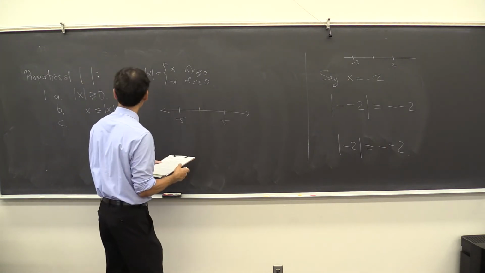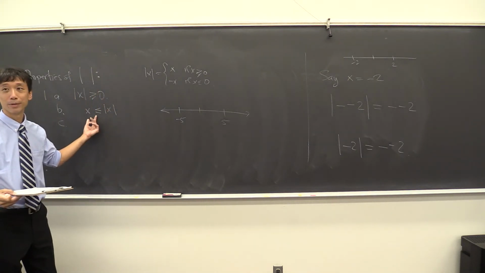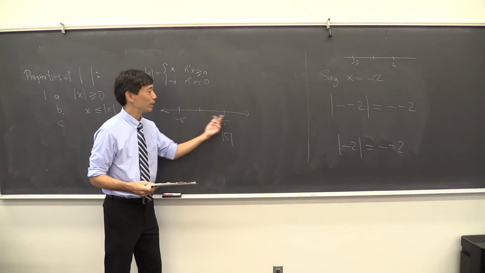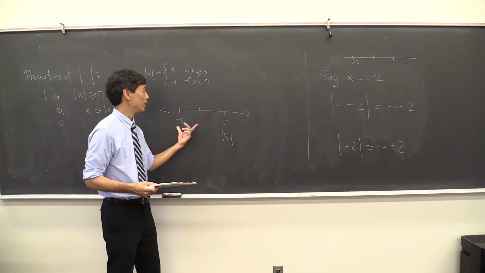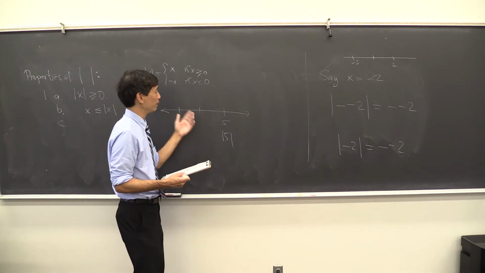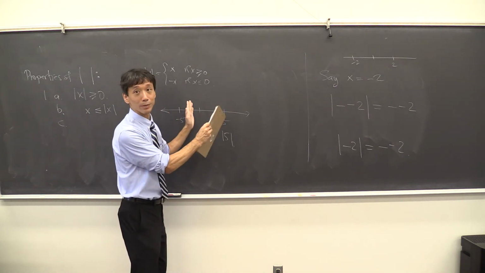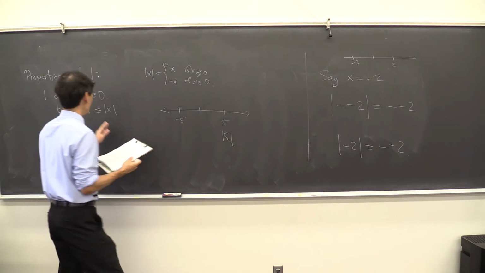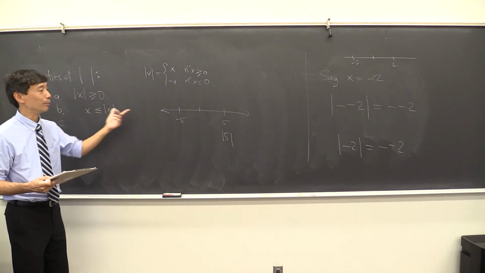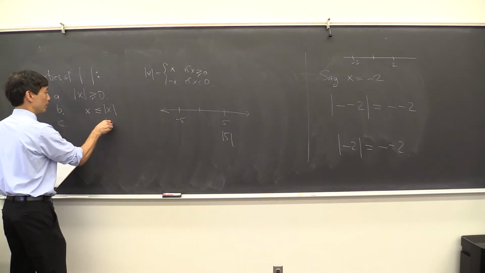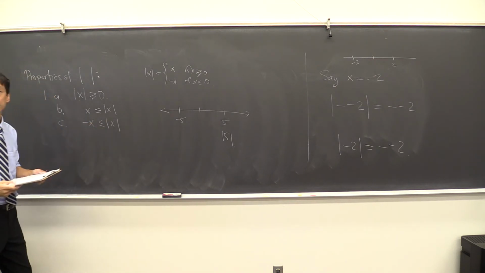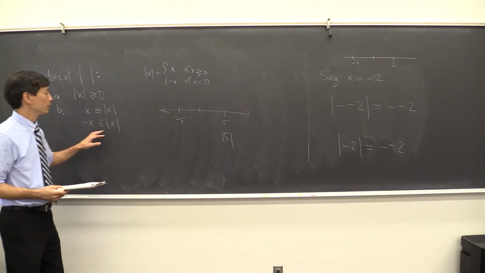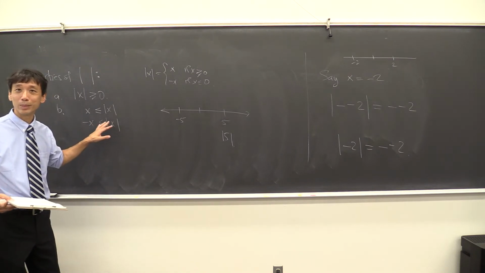The absolute value of 5 is always bigger than or equal to 5, and it's going to be the one on the right. If you have a negative number, the absolute value is going to be the positive one. So it's going to be bigger than or equal to the number itself. It's also going to be bigger than or equal to the negative of that number. Does that make sense to you guys?